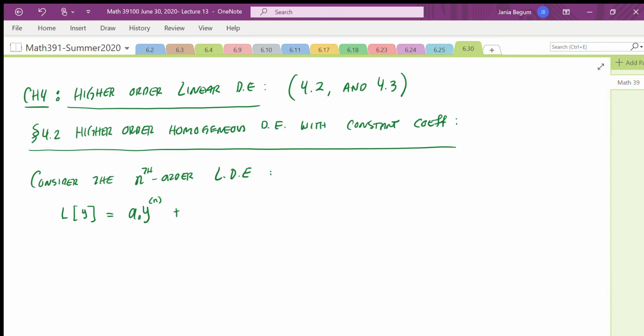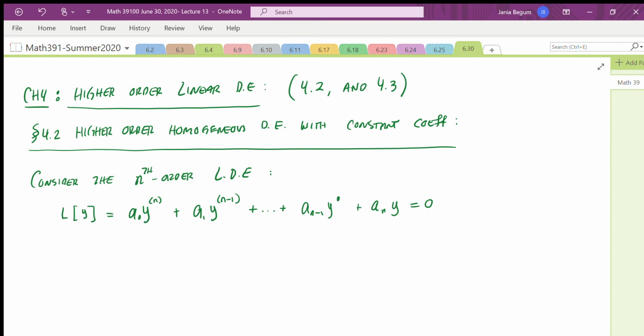So a0 y to the nth derivative plus a1 y to the n minus 1 derivative plus all the way up to an minus 1 y to the first derivative plus an y equals 0. So I switched its coefficients a little, but we can work with that.